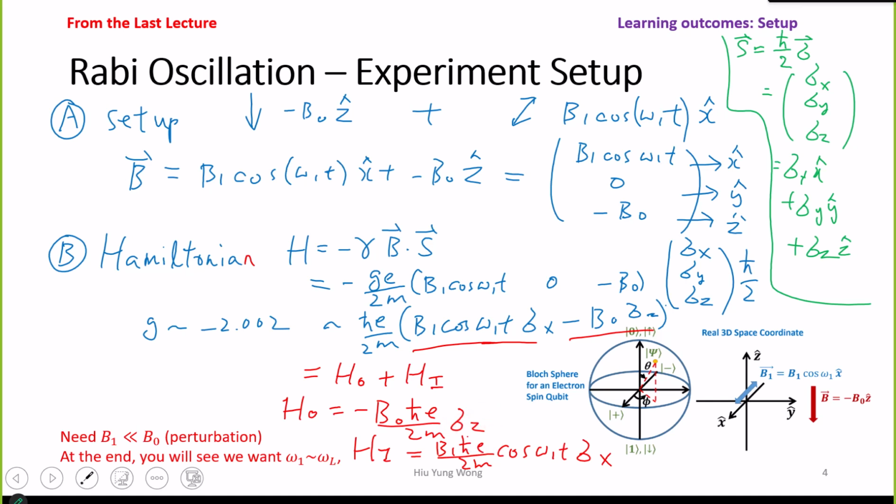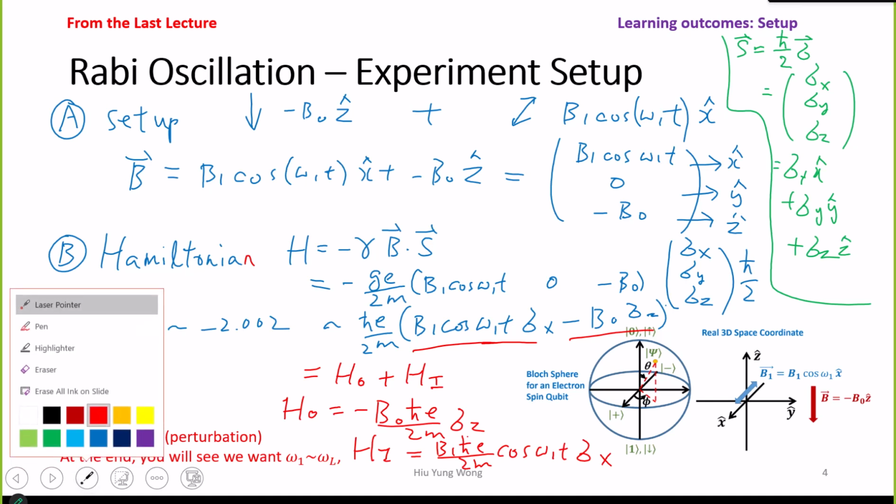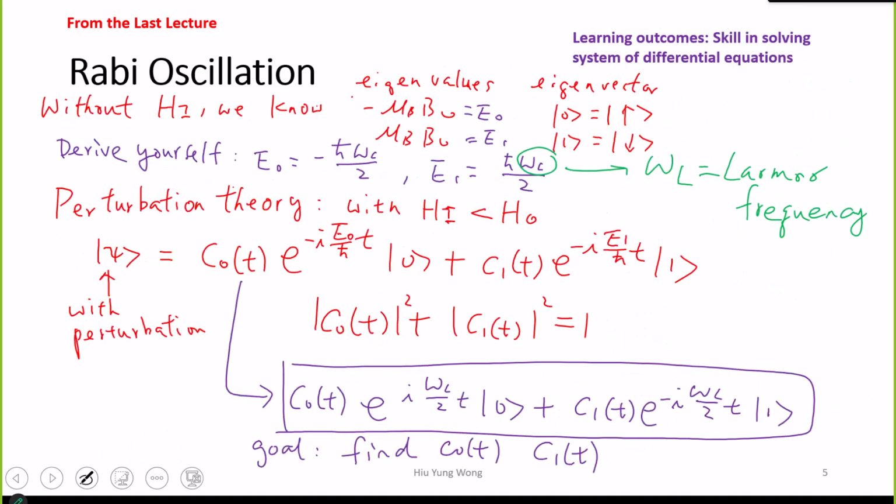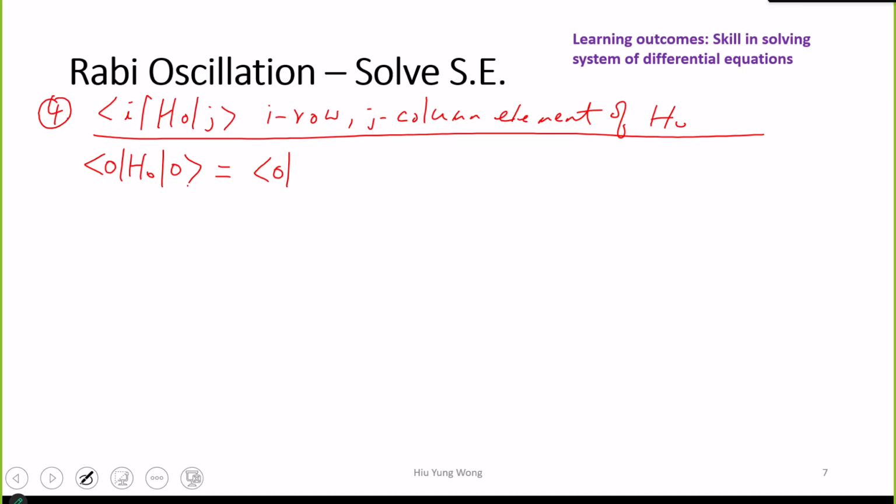Or, I should have also written this clearly. This is also equal to negative h bar omega L divided by 2 sigma z. You can prove that, okay? I jumped a little bit. Just based on this equation, you can prove that, okay? So this one is just equal to negative h bar omega L divided by 2 times 0 sigma z 0.